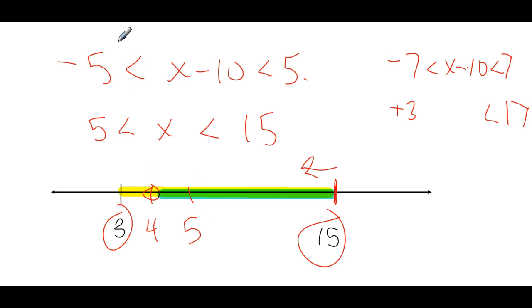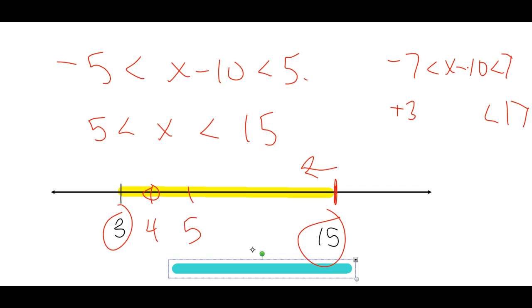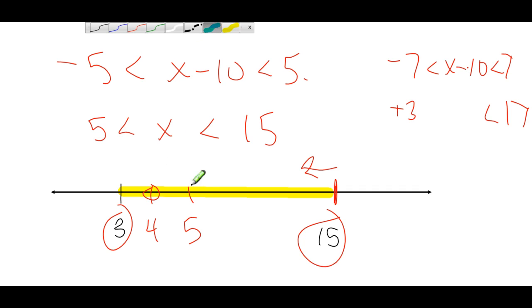But now we're at the 5. So we don't have this part, but that's okay. If you look at what it says, you have to be between 3 and 15, and 5 to 15 is between 3 and 15. So that's why we pick the smaller number, because it narrows this window.